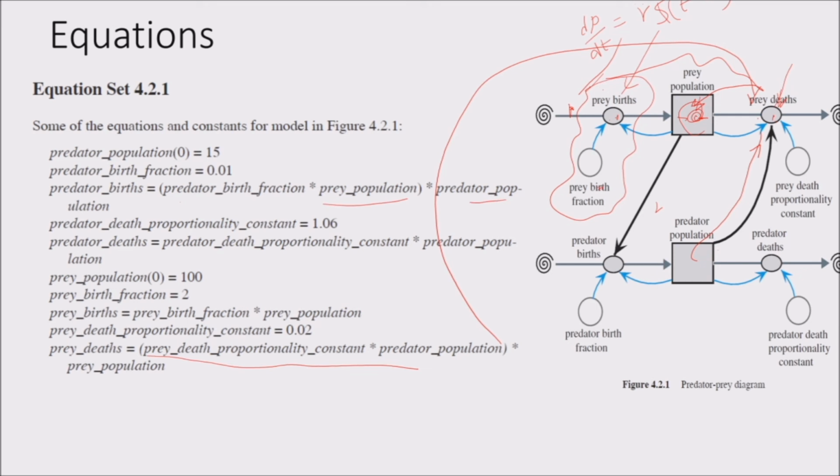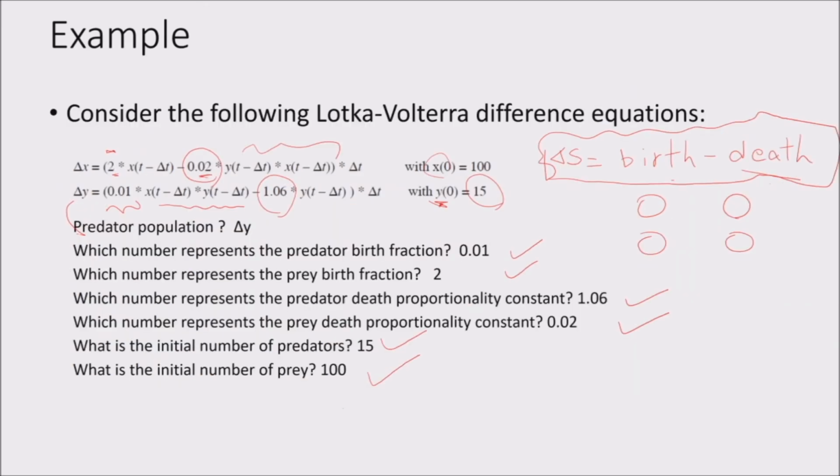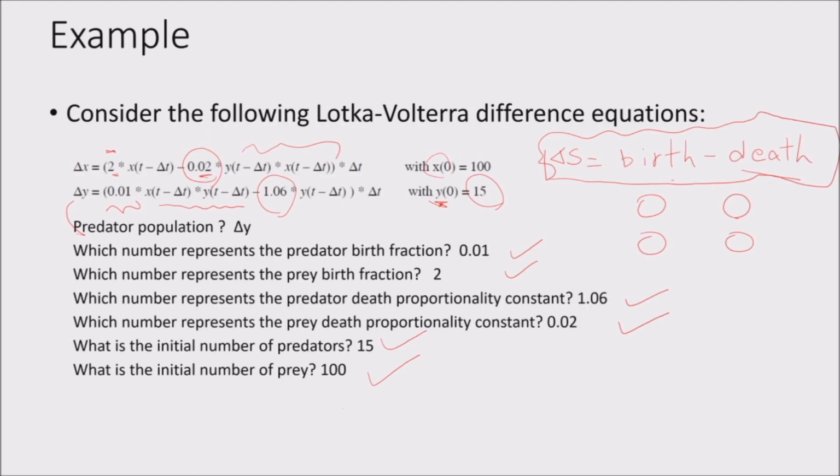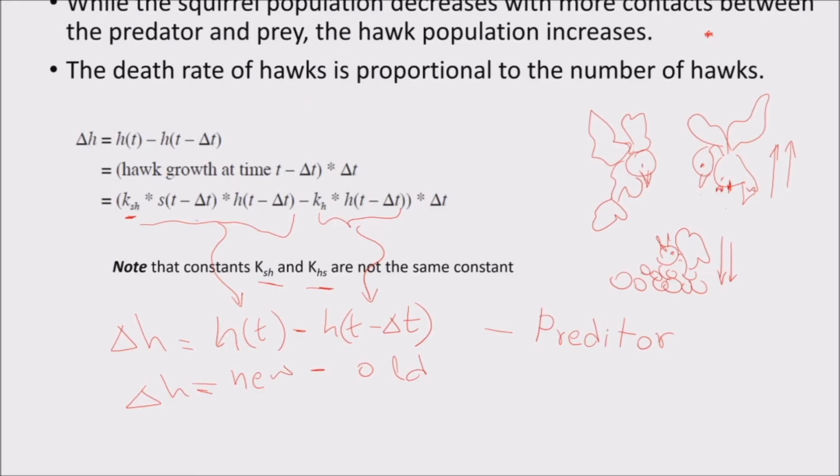If I recall, I was talking about that about one minute ago, right here. So this one right here is for the predators. This is the birth fraction, which depends on the squirrels as well. So the squirrels' population matters to the birth of hogs, as I remember talking about.